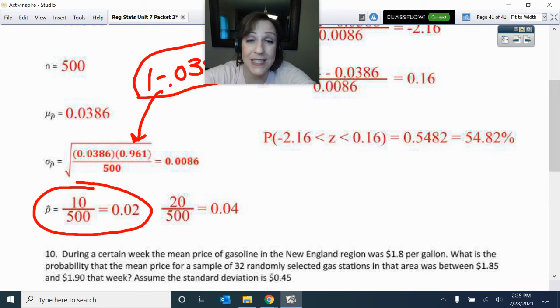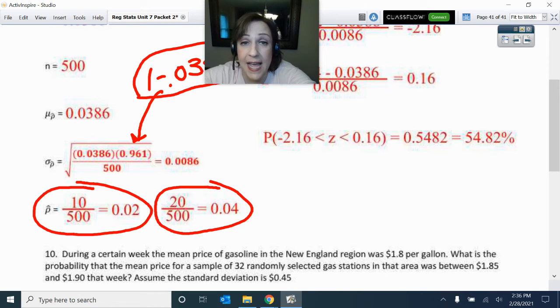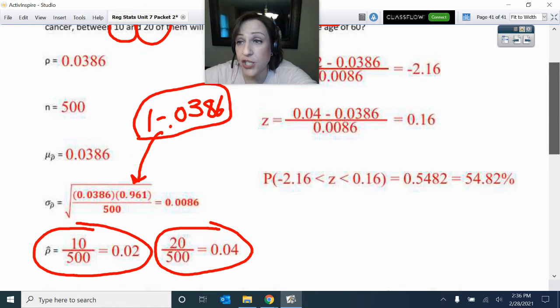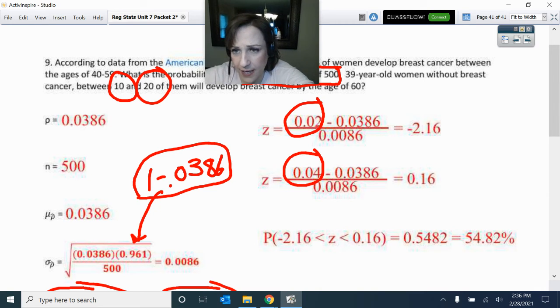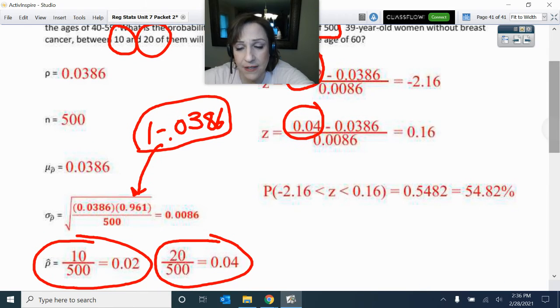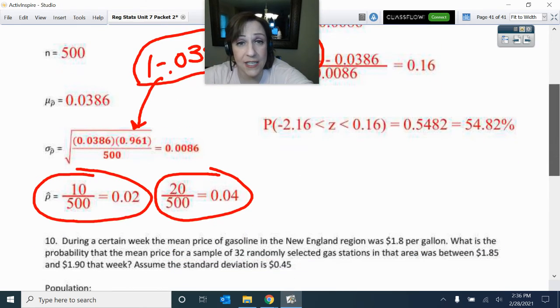My one p hat was 10 out of 500. The other p hat was 20 out of 500. So I had 2 z-scores, for 0.02 and for 0.04, from negative 2.16 to positive 0.16. I norm CDF'd with those as my lower and upper bounds: 54.82%.